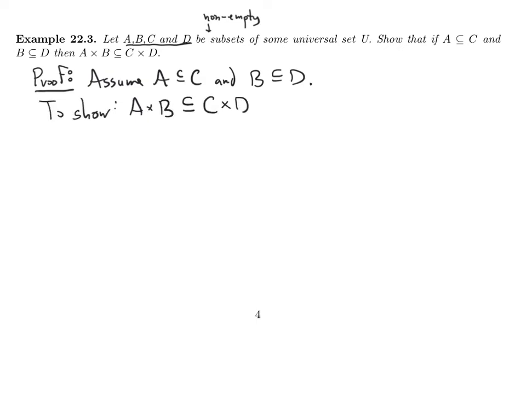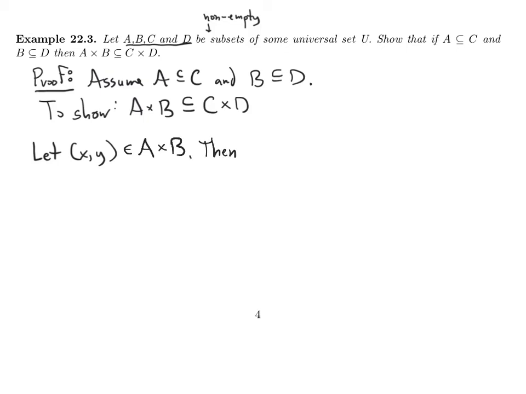So what we're going to do is take an element in A cross B and show that it's in C cross D. So let (x, y) be our element. Let that be an element of A cross B. Well, what does this mean?